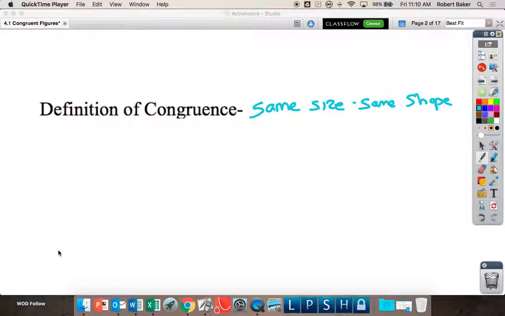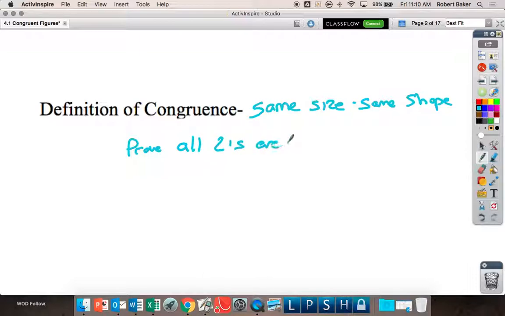So today, if you're going to prove congruence, you have to prove all angles are congruent and prove all sides are congruent. So today, when we prove congruence, you have to prove all the angles are congruent and all the sides are congruent so that you can write a congruency statement.